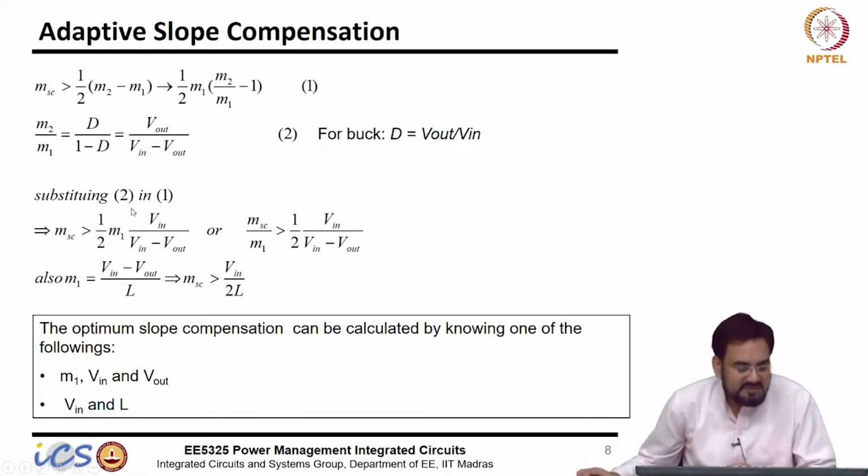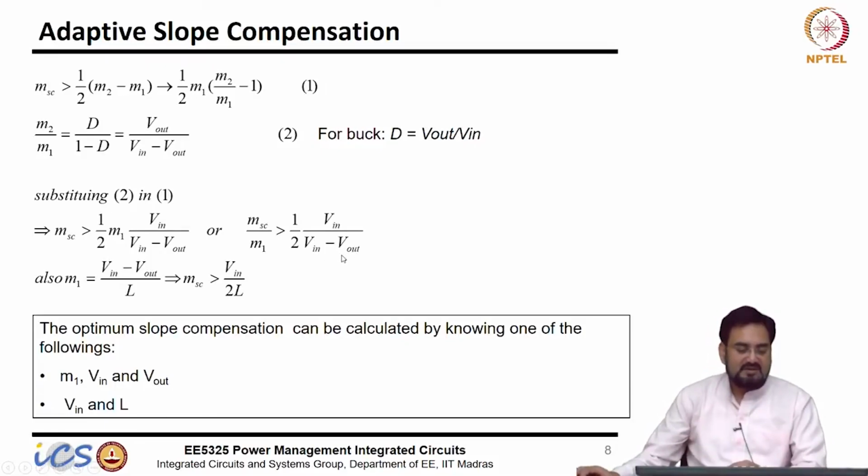So, if you substitute this m2 over m1 here, what you get is half of m1 times V in over (V in minus V out), or the ratio of the compensating slope over m1 will be half of V in over (V in minus V out).